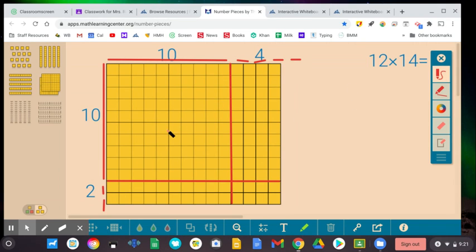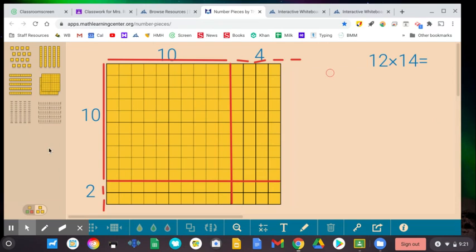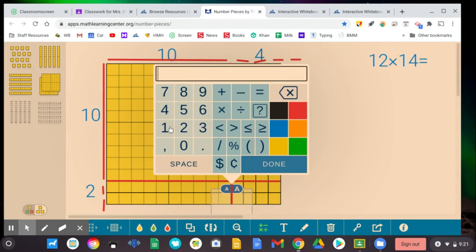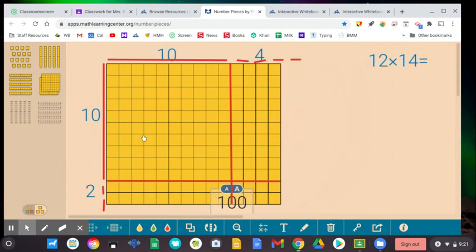So if we think about this, I know we've been doing 10 times 10. So what is 10 times 10? Okay, let's put that in black. Okay, done. And we know that 10 times 10 is 100.